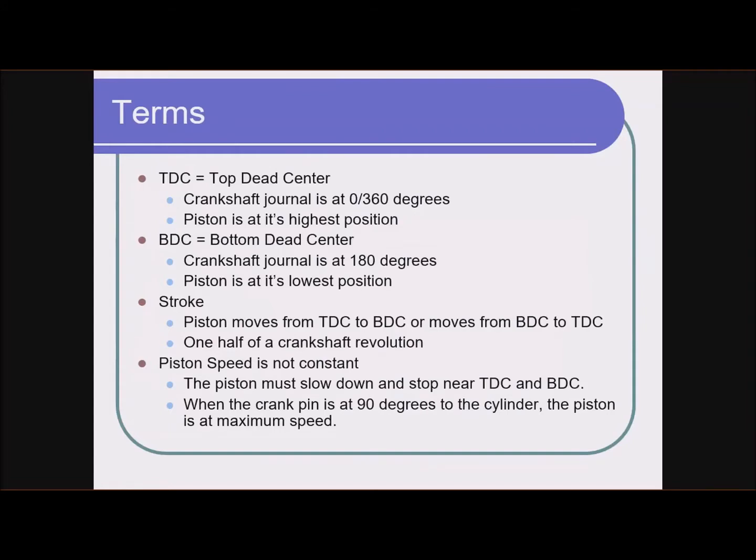So there's a big period of time at the bottom of that stroke where the piston is either moving very slowly or not moving at all for a split second. And during that time, if you leave the intake valve open, air can continue to rush in even after you go past bottom dead center and the piston is starting to move up again.